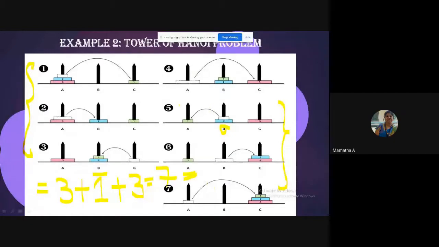So totally, if I have to solve the Tower of Hanoi problem with 3 disks, how many disk movements do I make? 7. 7 moves. Just remember this so that we can analyze it at the end. For 3 disks, we made 7 moves.